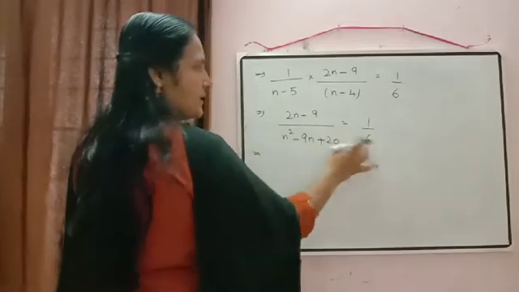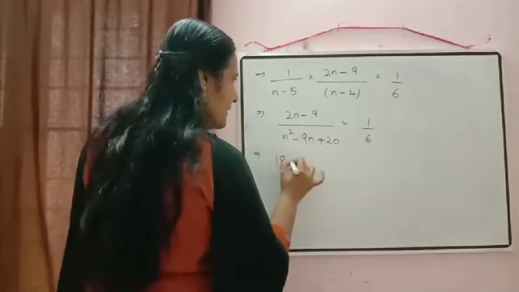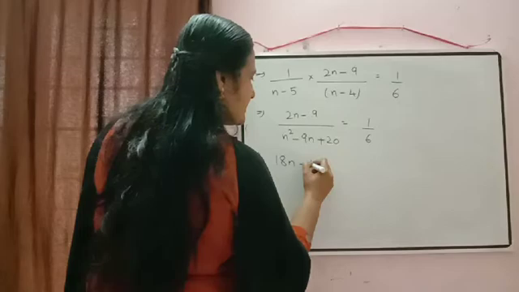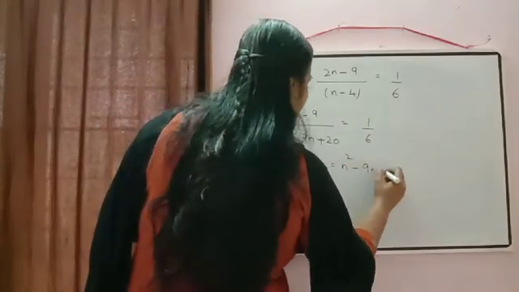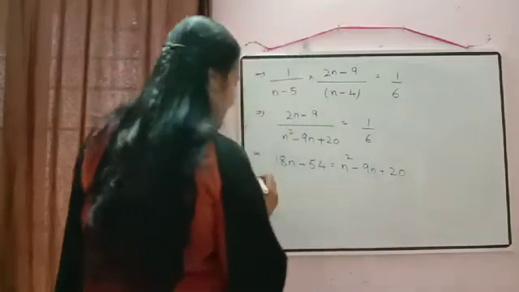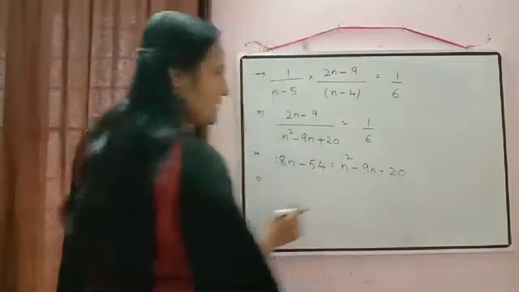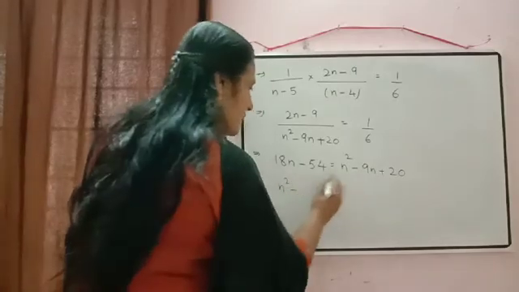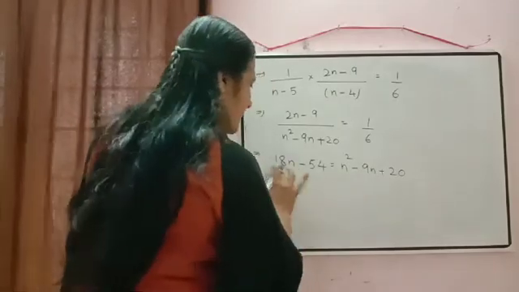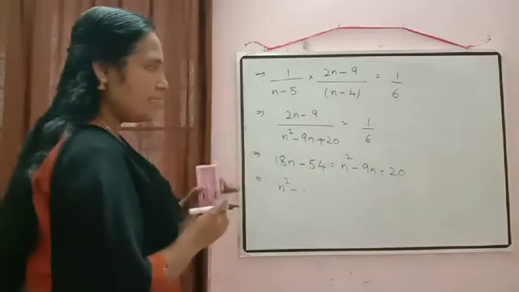Now cross multiplication. 6 2s are 12n, 6 9s are 54 is equal to n square minus 9n plus 20. Now these all expressions we can shift to right hand side. Then it will come n square minus 9n. Here it will be equal to minus 12n.